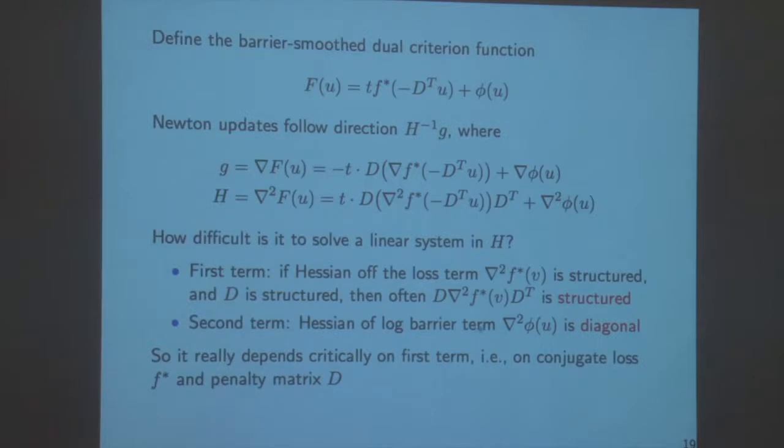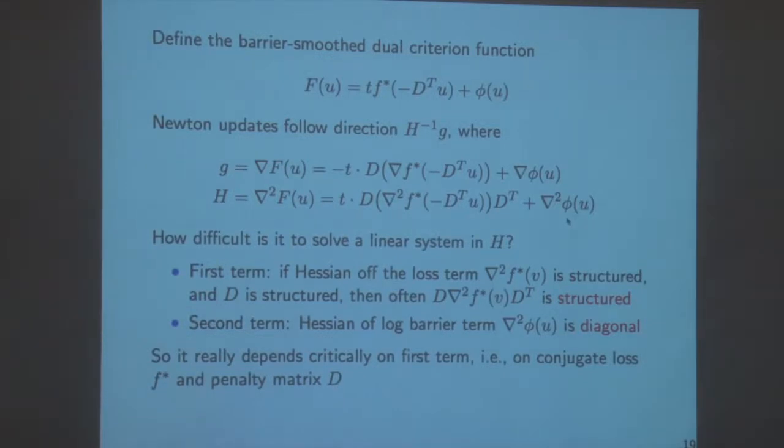So let's go to a simple example. If this was diagonal, then this would basically have the same structure as d transpose. And in those examples we saw before, d was banded or had a structure over a graph. That's still fairly structured. So in some cases, we could get lucky. This would be structured, and we could solve these linear systems quickly.